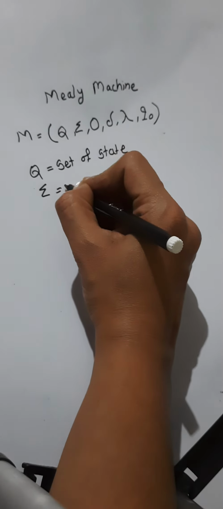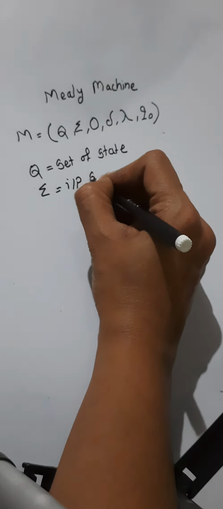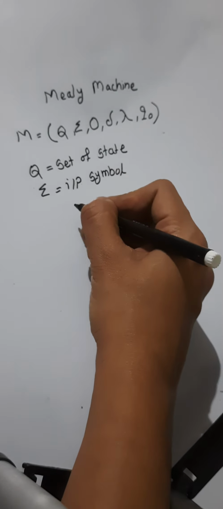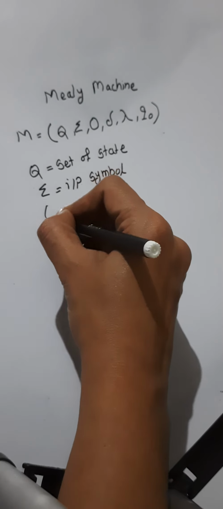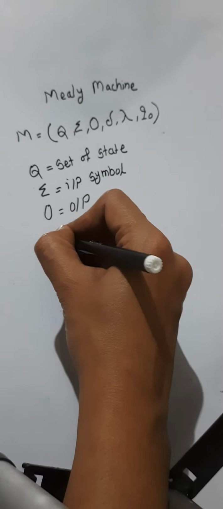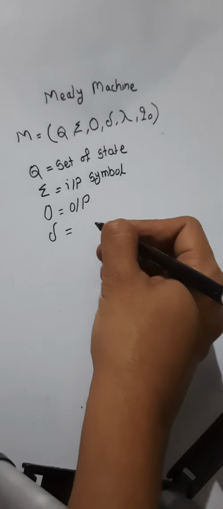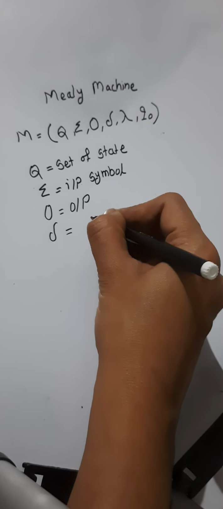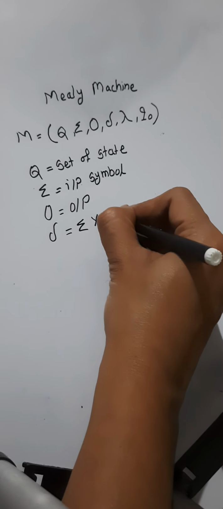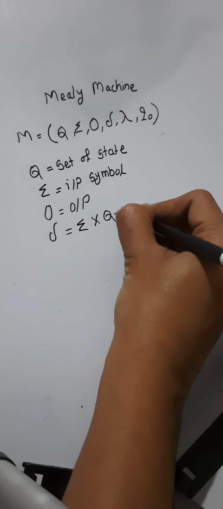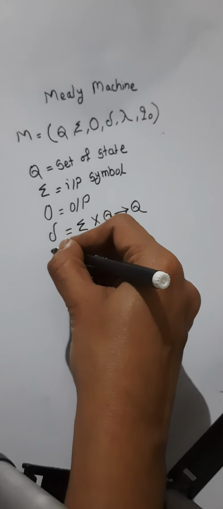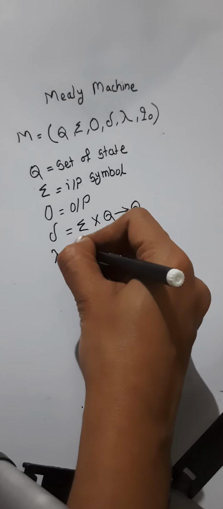Summation is defined by input symbol. O is defined by output. Delta is defined by transition function, where summation Cartesian product of capital Q gives you output as a capital Q. Next one is lambda.